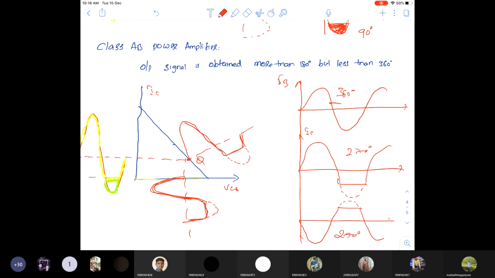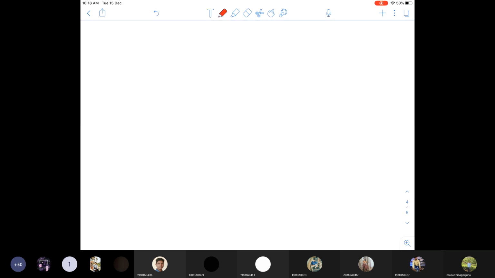So these are the classification of power amplifiers. Next, we will see the comparison between class A, B, C, and AB. First, operating cycle or conduction angle.